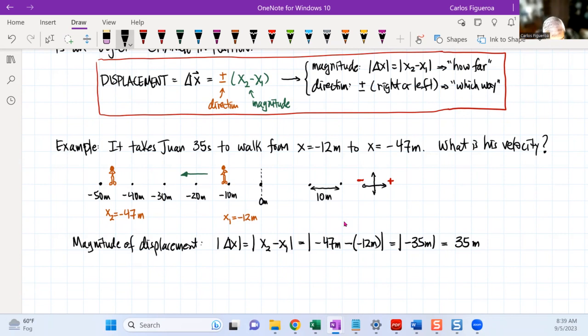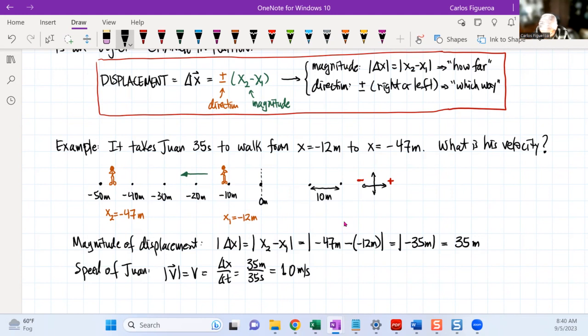So now that I have the displacement, I can write my velocity vector. The speed of Juan, so this would also be the absolute value, that's how fast he's moving, is going to be 35 meters in 35 seconds, which is 1.0 meters per second.